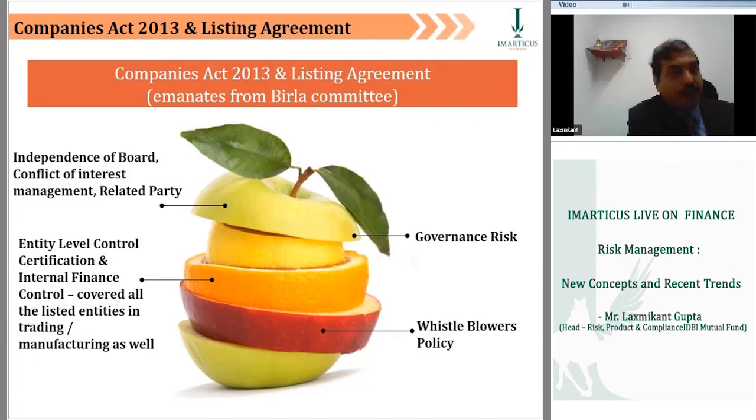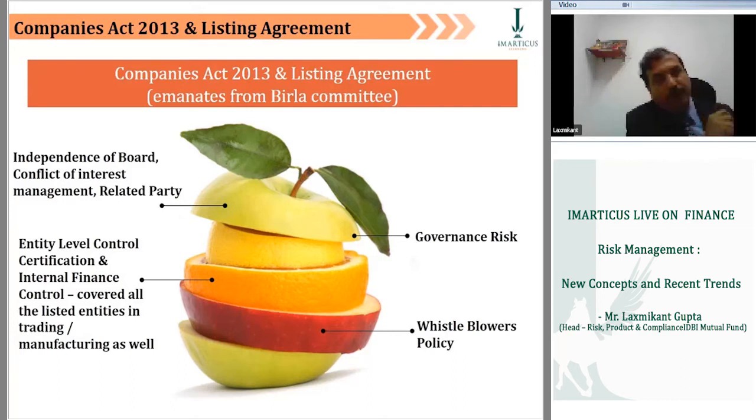Then it has the provisions of the whistleblower mechanism. It has the definition of fraud, introduced in section 447. Whistleblower-related provisions are in section 177 subsection 10. Independent directors were separately categorized against nominee directors. There were separate provisions for the responsibilities, duties and obligations of independent directors, as well as defense by independent directors.